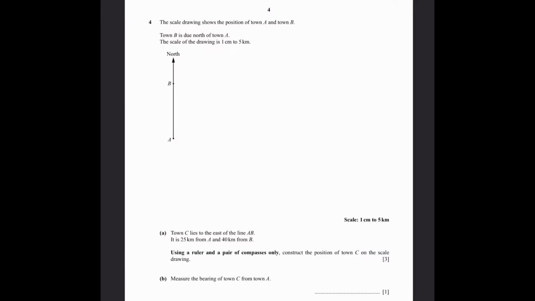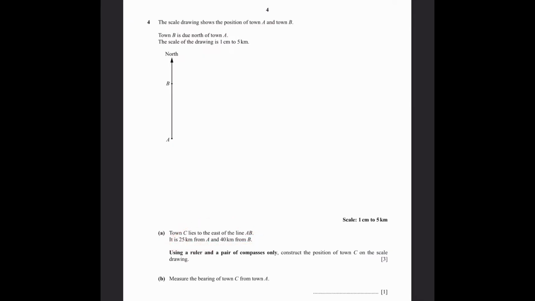So first we convert these kilometer readings to centimeters due to the scale of the drawing. We just divide by 5 to get 5 centimeters and 8 centimeters. Now we take our compasses. It's 5 centimeters from A, so placing the compass point at A and having it 5 centimeters, we can just draw the arc, something like that. Of course, this is not an accurate measurement since I'm not taking the lengths.